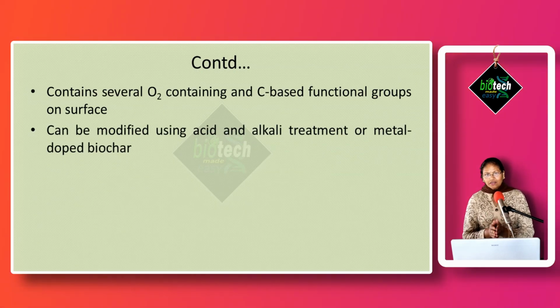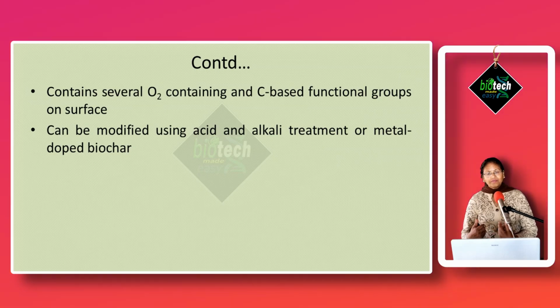In biochar, we can make the general type of biochar taking any waste from nature and using pyrolysis, but these days we are actually modifying it. The modification is done using acid or alkali treatment, or metal-doped biochar is also formed these days. So different kinds of modifications are possible in biochar. The metal-doped biochar is becoming very popular.